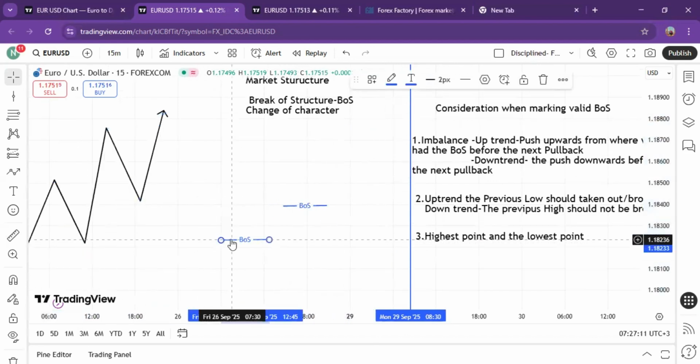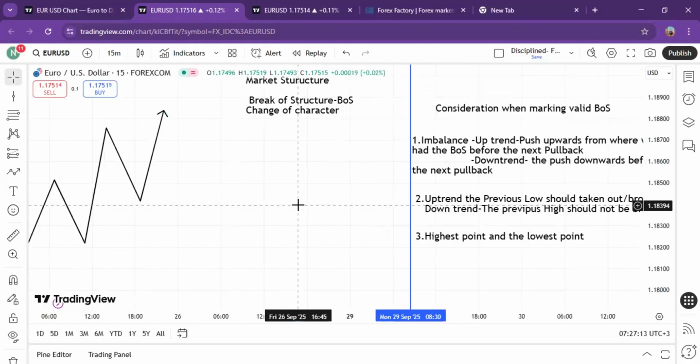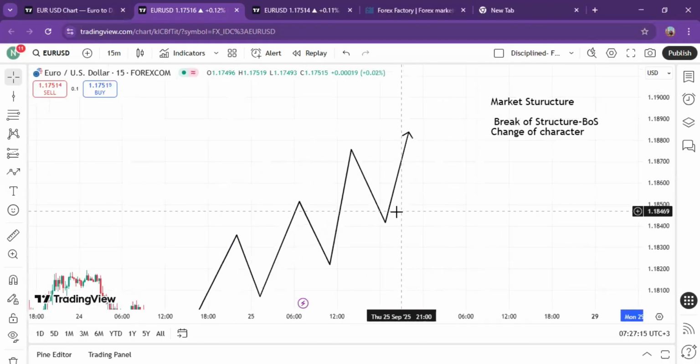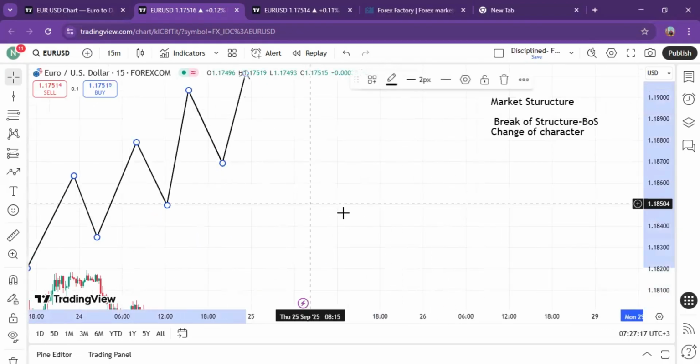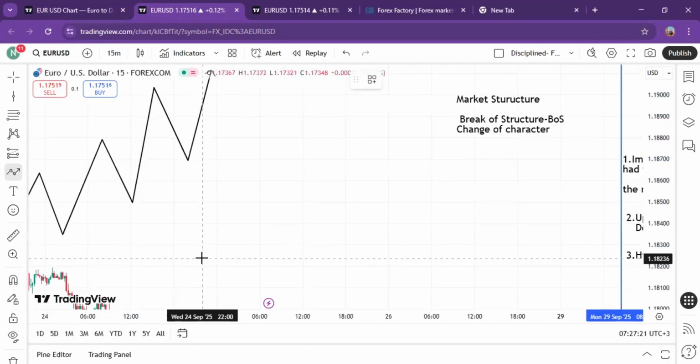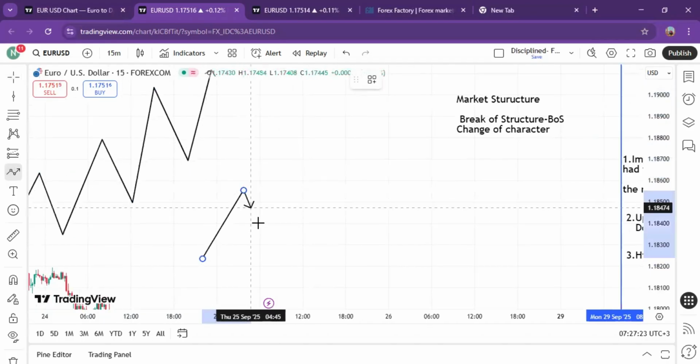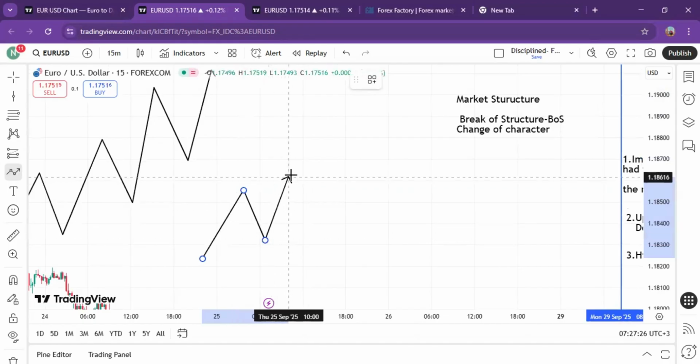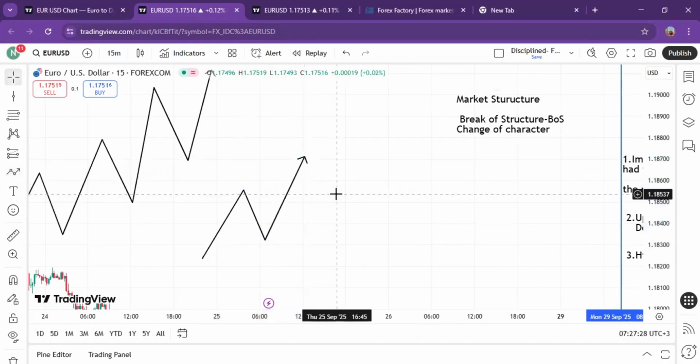So we have our number 1. Now I say that the first one, when you have a break of structure, we want to see that push before the next pullback.